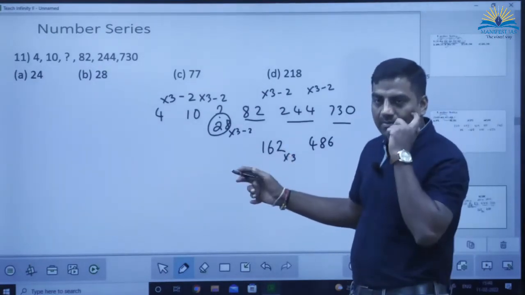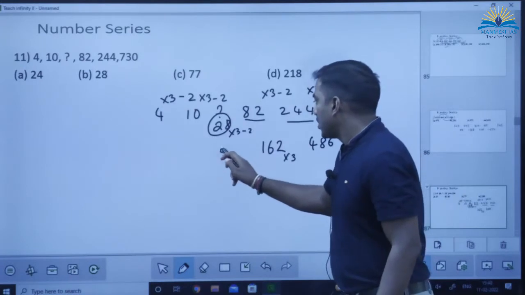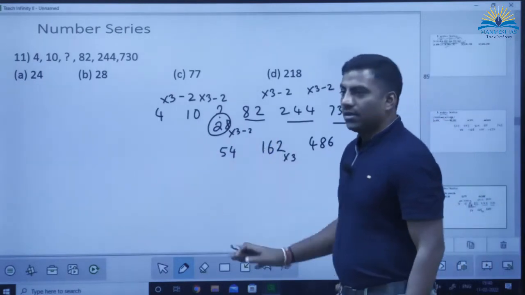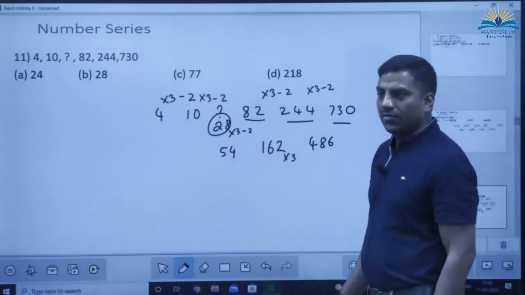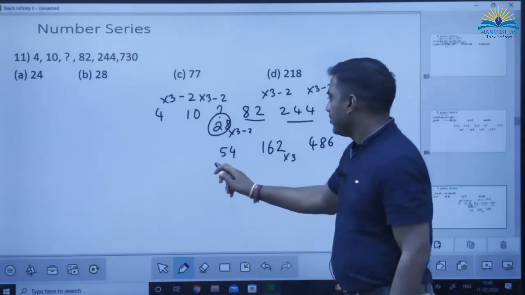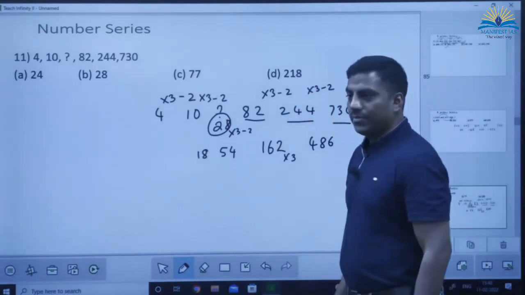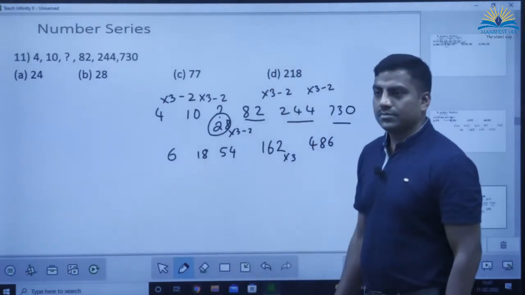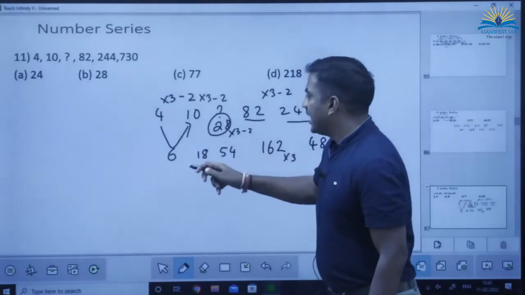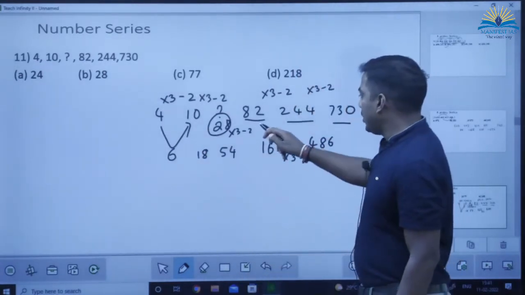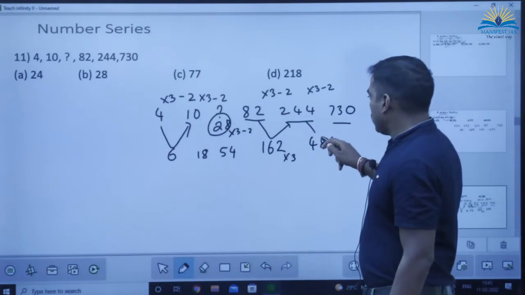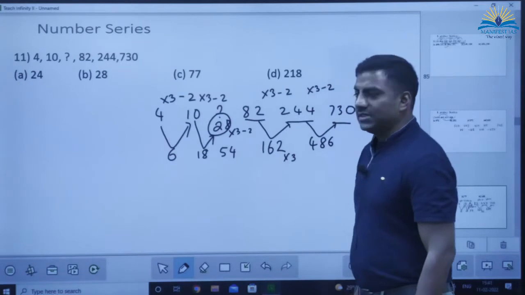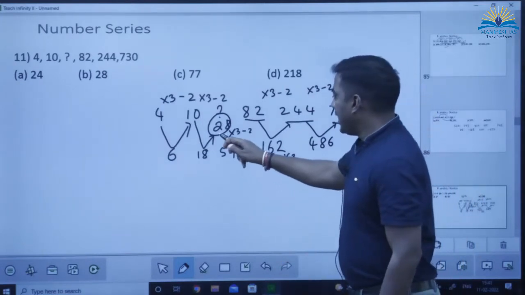If I divide it by 3, it will become 54. Again, divided by 3. 54 divided by 3, 18. 18 divided by 3, 6. 4 plus 6, 10. Similarly, 82 plus 162, 244 plus 486. Now check. 10 plus 18. What is it? 28. 28 plus 54.